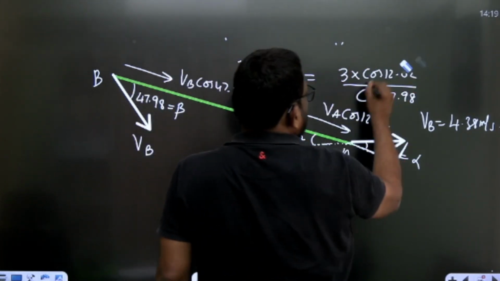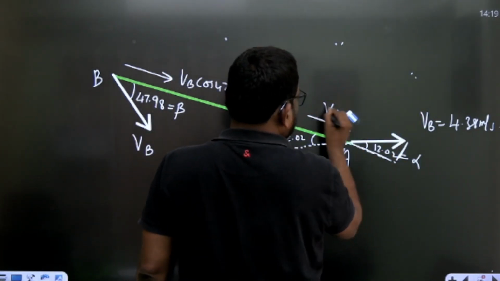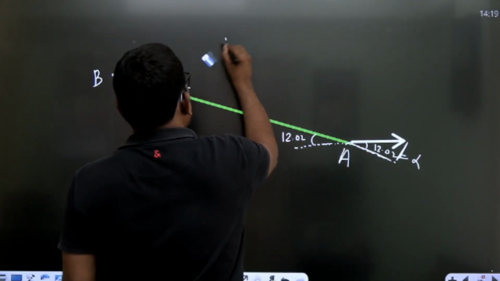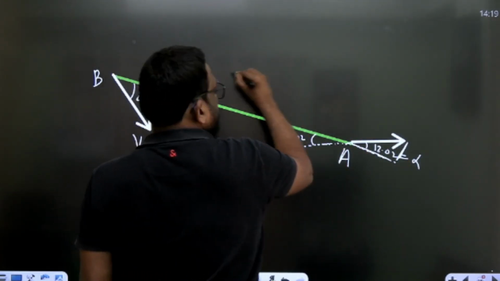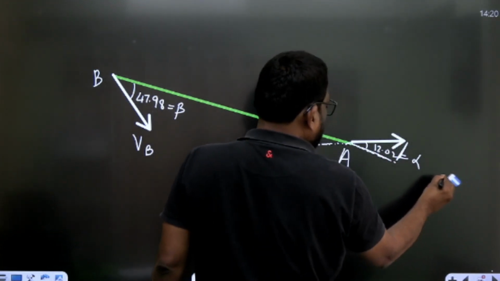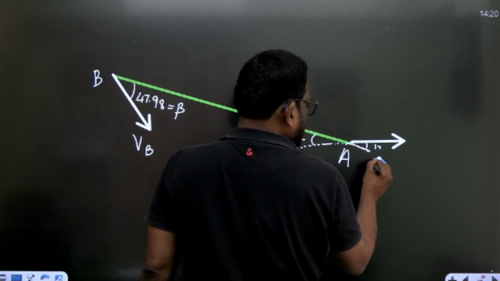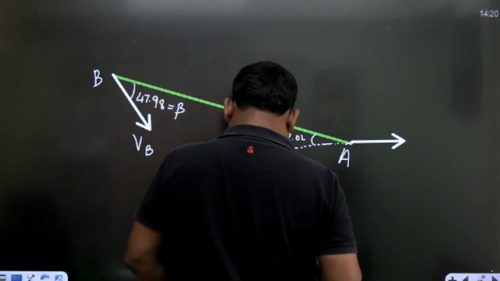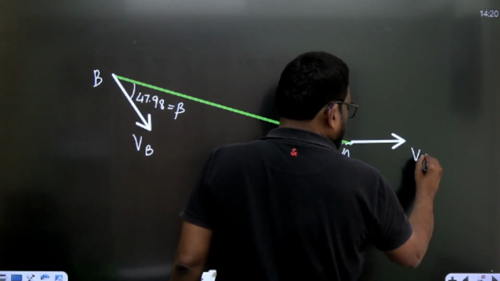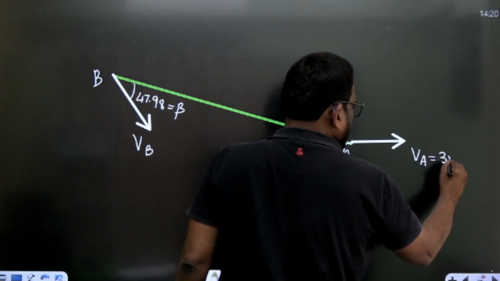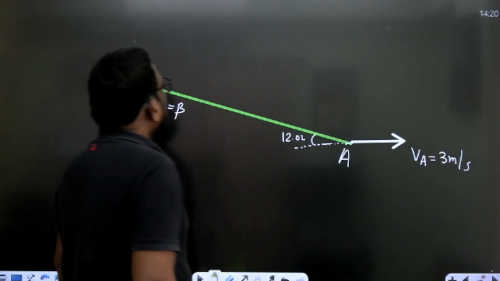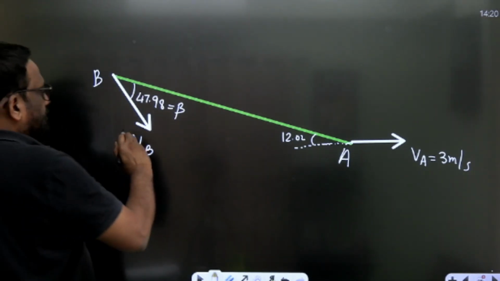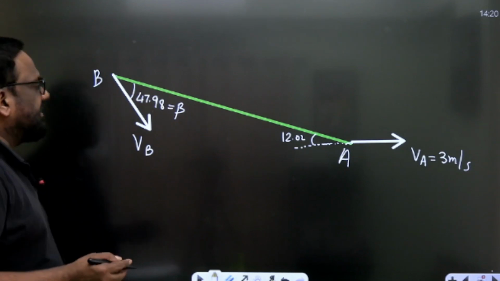Okay. Let me erase this. VB is 4.38. These are all very, very important questions. Now, my dear students, I'll go by the instantaneous center method.